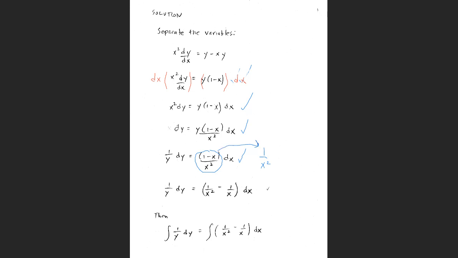It's a single fraction, so I'm going to write it as the difference of two fractions. And x over x squared is 1 over x. And now at this stage, we've separated the variables. You have y variables on the left side and x variables on the right side.